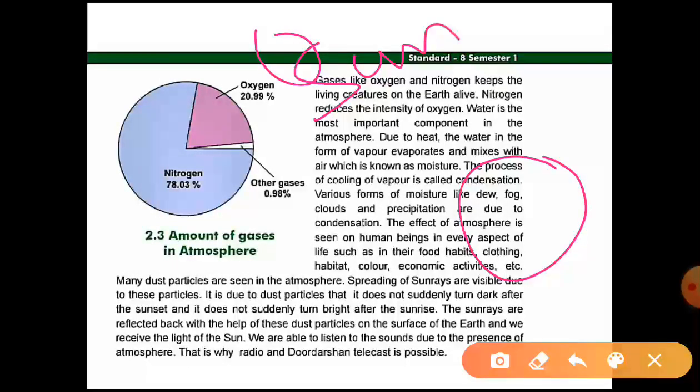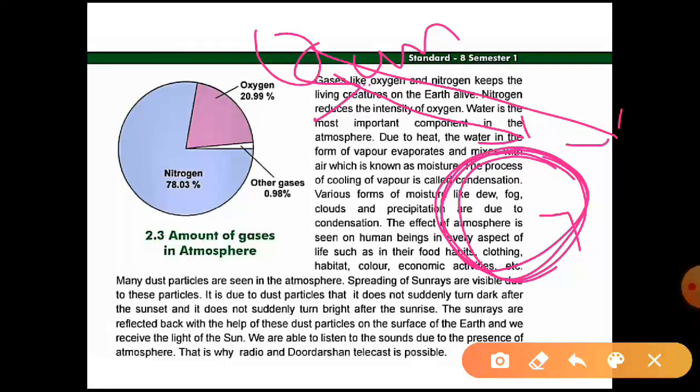For example, now earth is rotating in this direction. The sun rays are falling here, but even in the area which is not facing direct sunlight, we can see the light comes in the morning time. Why?